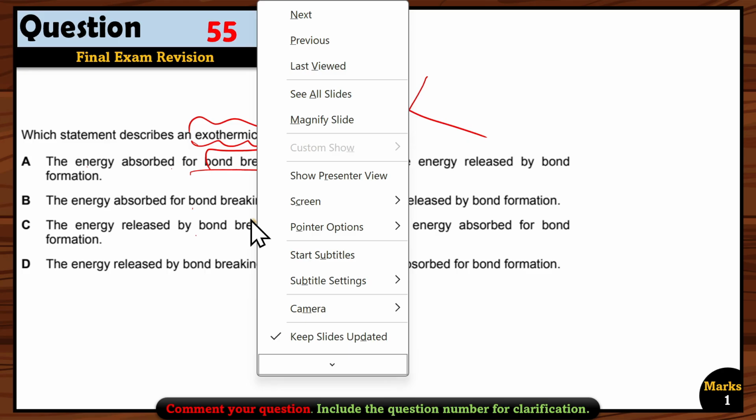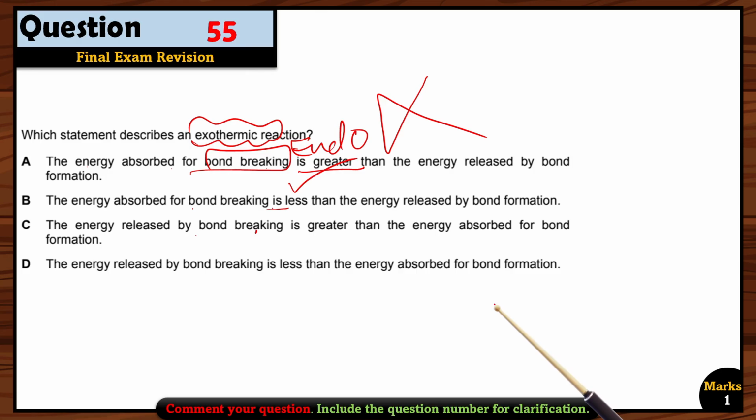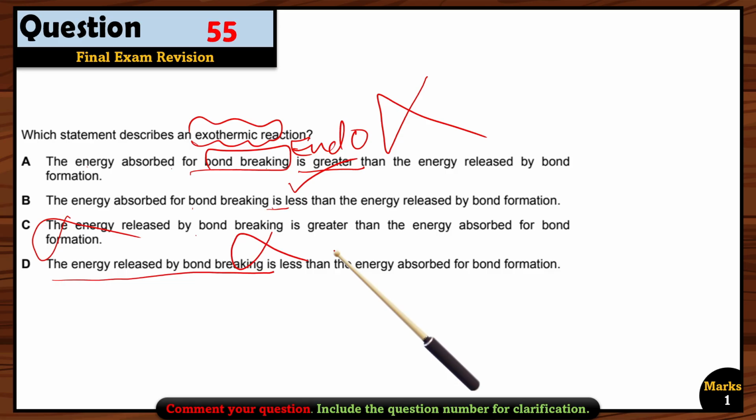So, bond making is exothermic and energy is released, and bond breaking is endothermic. So this option is also wrong. Now let's see the energy released by bond breaking. Again, this statement is wrong. Energy is never released when the bonds are broken, it is always absorbed.